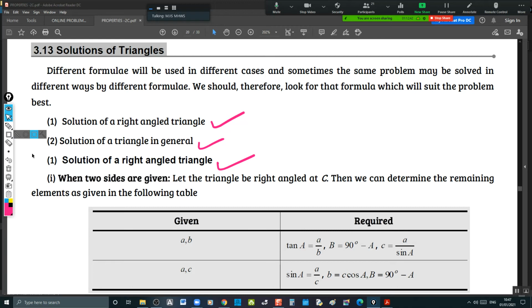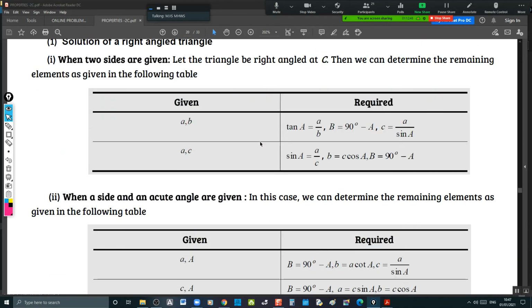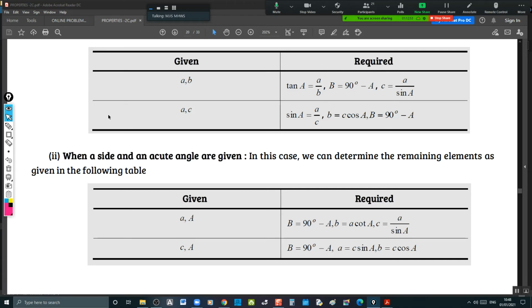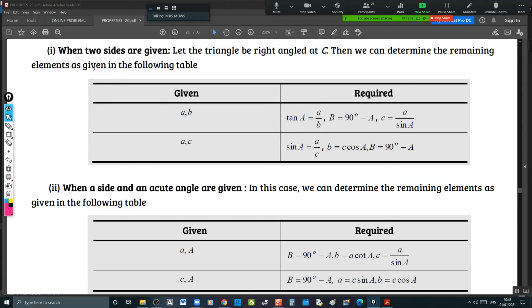Using Pythagoras theorem, when two sides are given, is it possible to find out the third side? Yes, if it is a right angle triangle, you can do that.